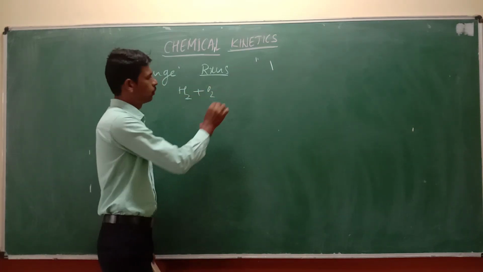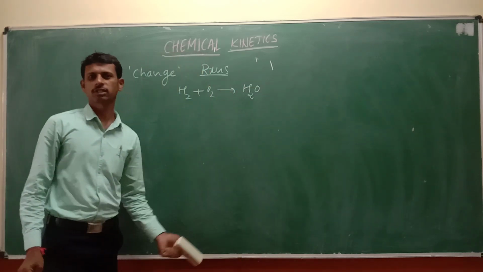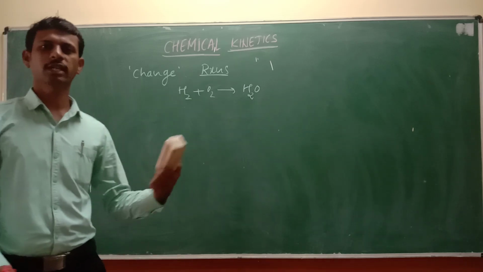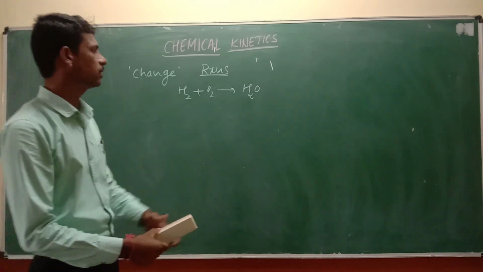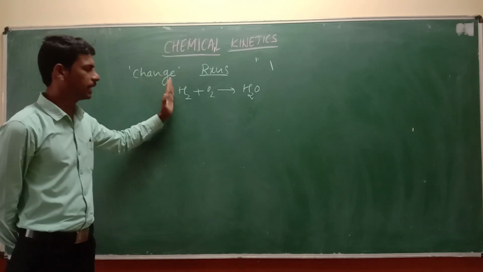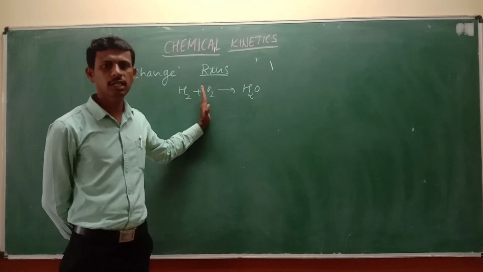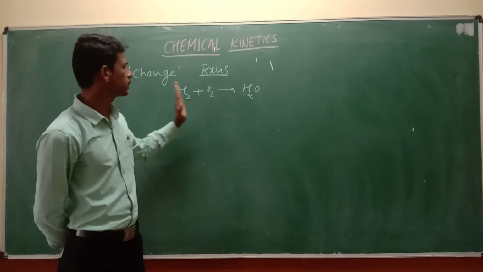plus O2 gives H2O. Already you know about this reaction. Hydrogen gas when combined with oxygen gas gives water. Hydrogen has some physical and chemical properties, and oxygen has some physical and chemical properties.